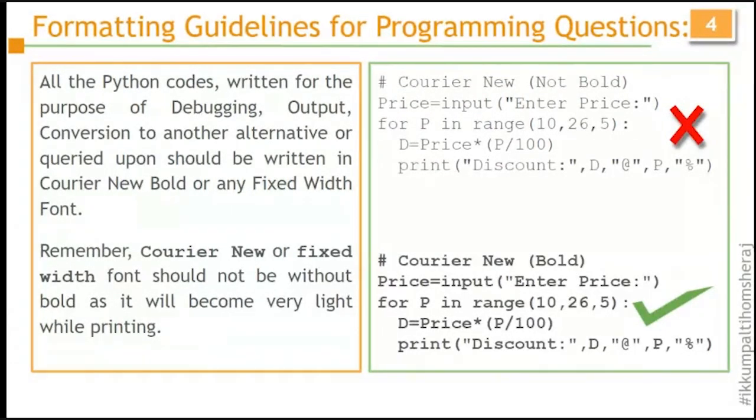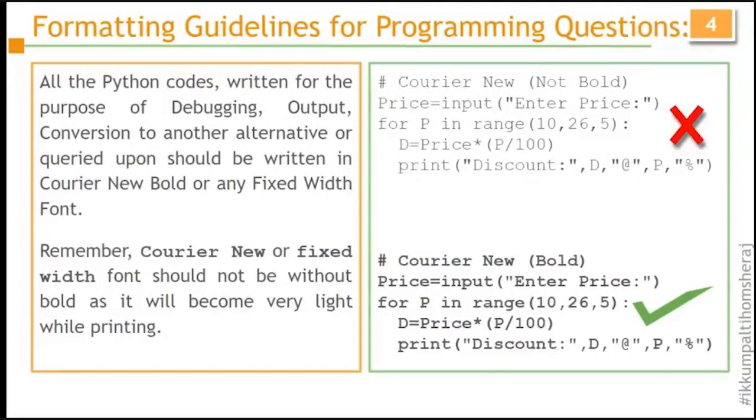The advantage of having fixed width font or Courier New font is that in Courier New as well as fixed width fonts, all the letters starting from A to Z and all the digits starting from 0 to 9 have identical width and height.